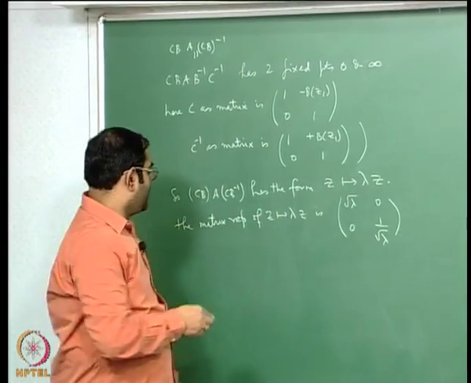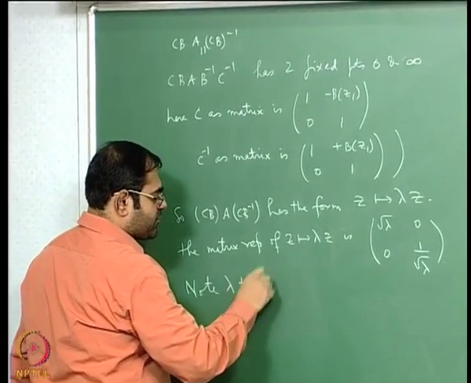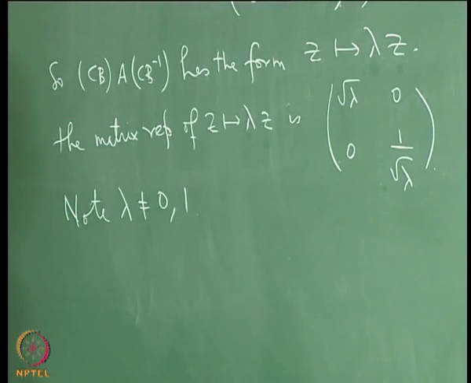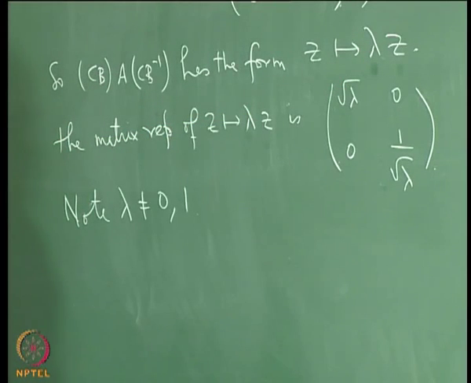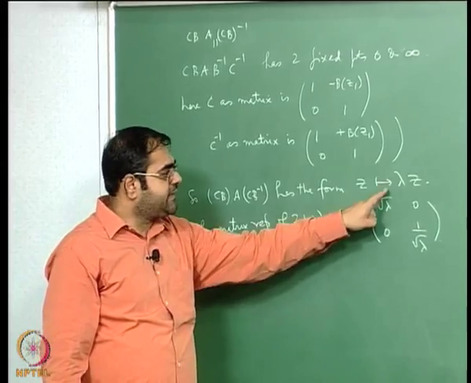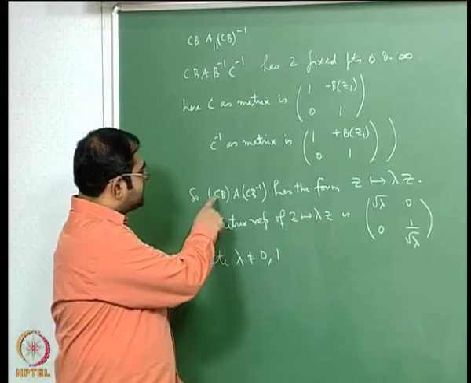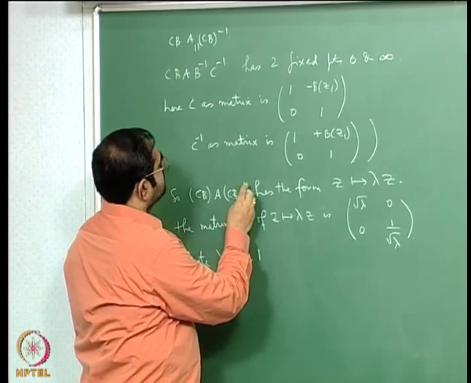And mind you, note that lambda is not 0 and it is not 1. If lambda is 0, then that is not a Moebius transformation, it is just the 0 map. And if lambda is 1, then this is identity. If C B A C B inverse is identity, so I think the inverse has been wrongly put, it should be put outside.